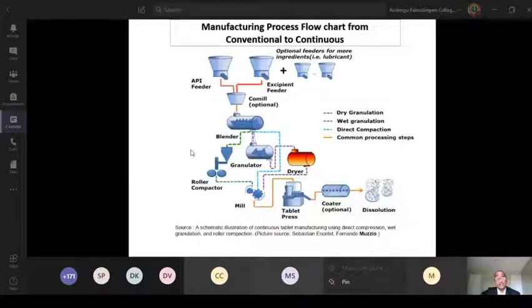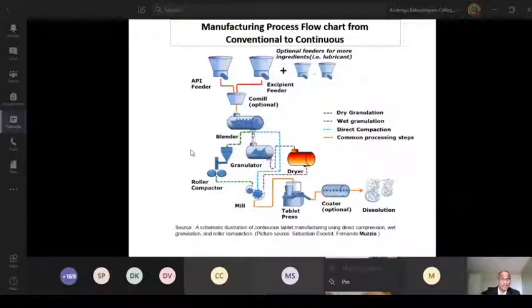The second slide here depicts conventional to continuous manufacturing. Typically, what we do is take the active pharmaceutical ingredients and other excipients, mix them through a co-mill screening, and blend them in a blender. In the blender, you need to optimize the process parameters like the blending time and occupancy. All those are called critical process attributes.